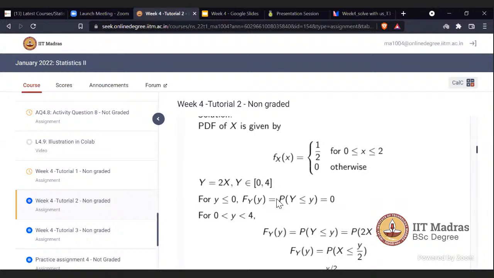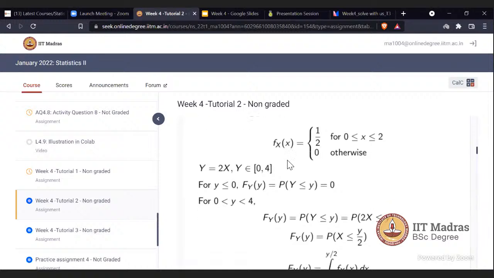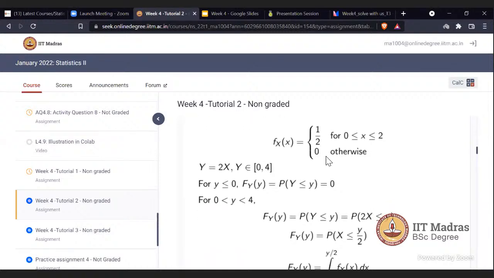We have to find the distribution for y. For x lying between 0 to 2, y is lying between 0 to 4.